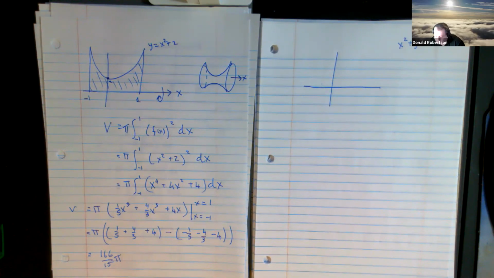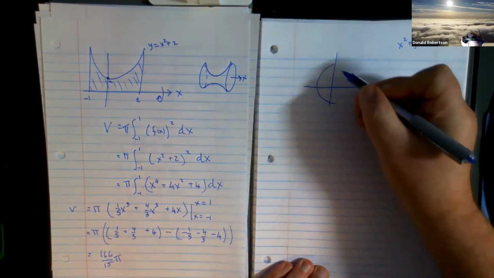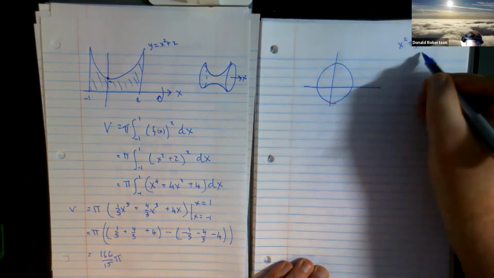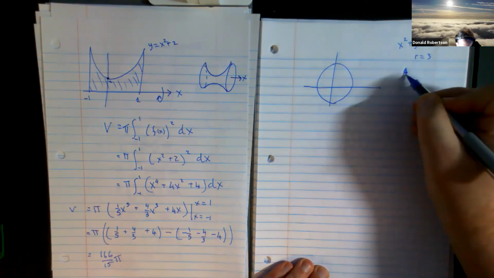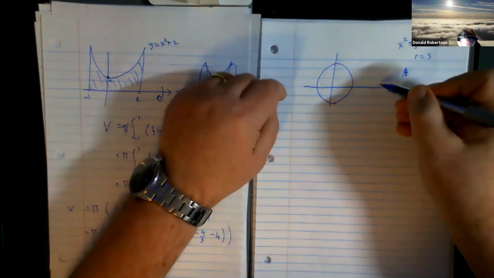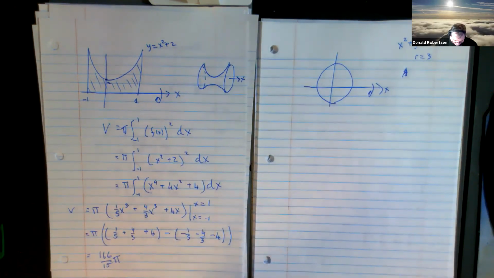Can you remember that? So that's a circle, or meant to be a circle, and the radius is 3. So if you rotate this about the x-axis, won't this thing create a sphere?